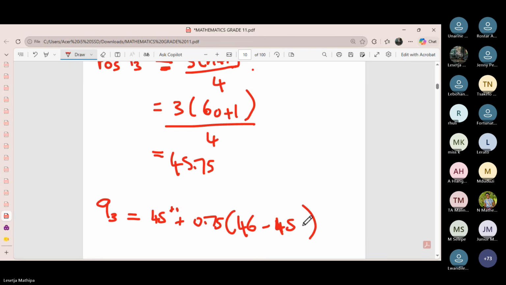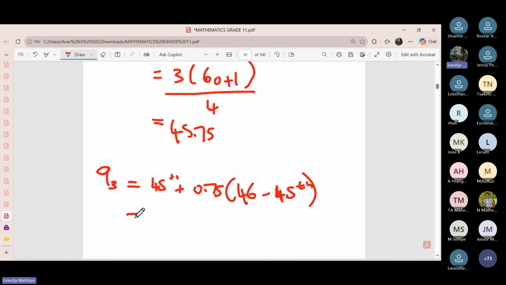Like this one. So now we're going to check the value of position 45 and the value of position 46.